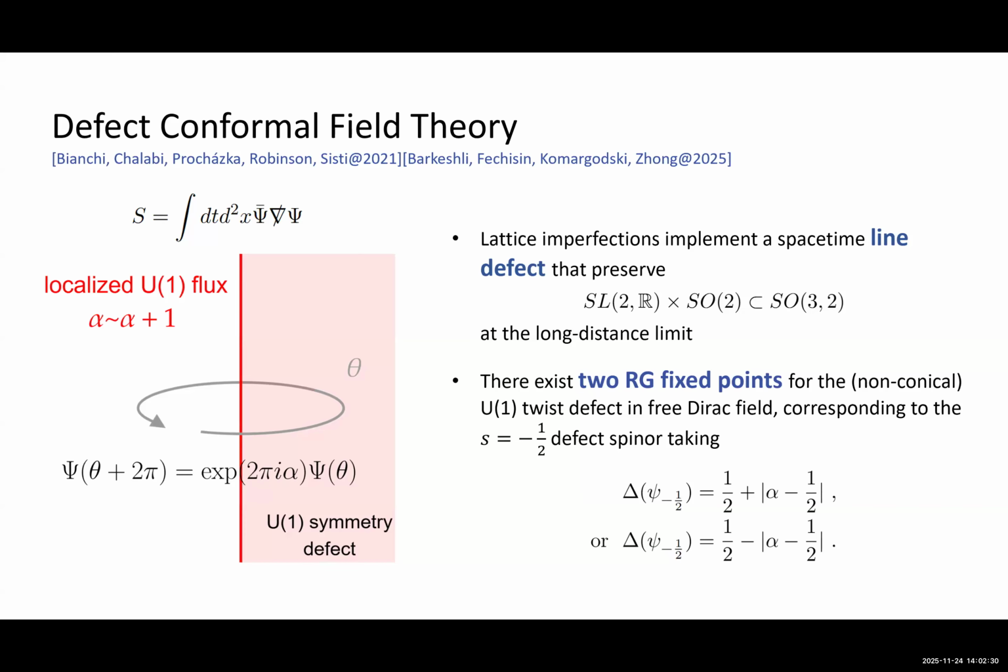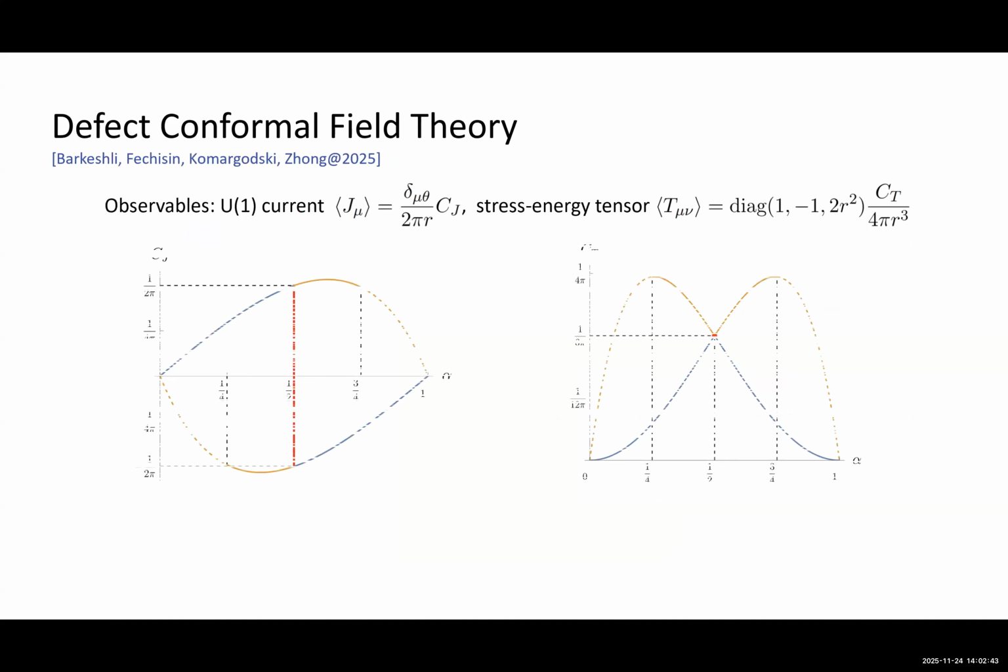But if you do want to preserve conformal symmetry and you are looking at this critical point described by the free Dirac fermion, and you want your lattice defect, your IR defect, to preserve the conformal symmetry as well, then yes, this is what you would eventually find.